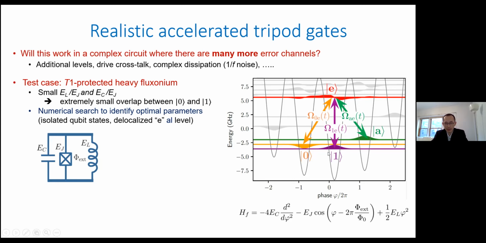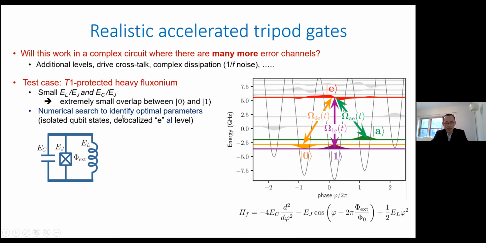An ideal tripod is a tripod that only has 4 levels, has no direct coupling between the lowest levels, and has good coupling between the ground states and the excited state. To have this kind of tripod, we have to work in the regime with small inductance energy, such that we have a small overlap between the qubit states.